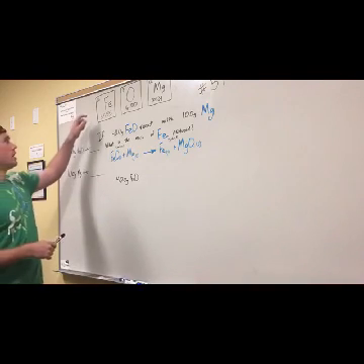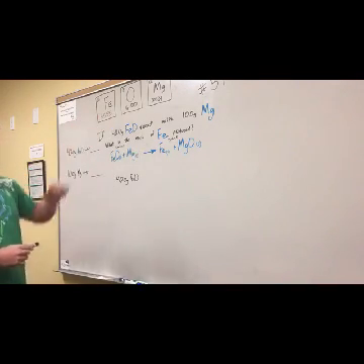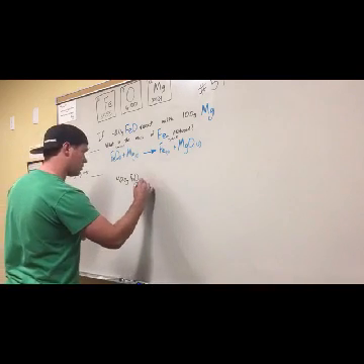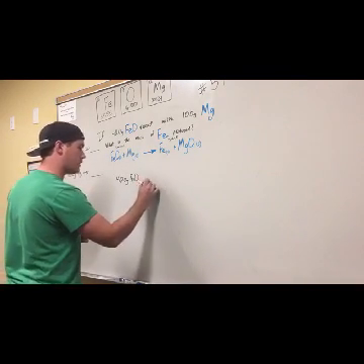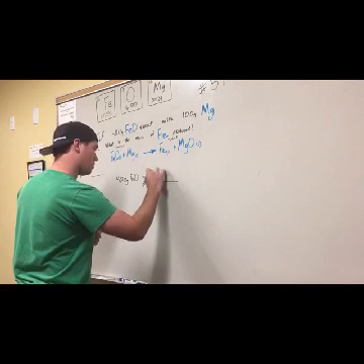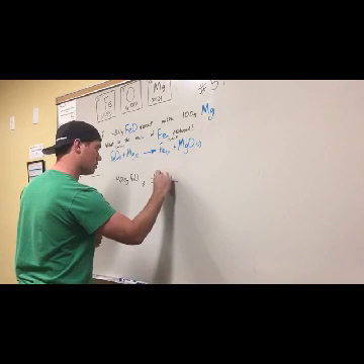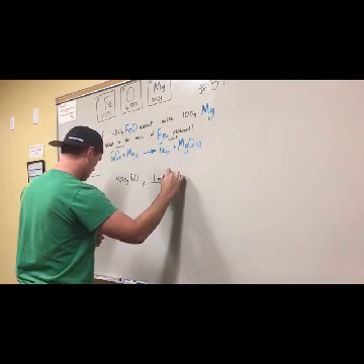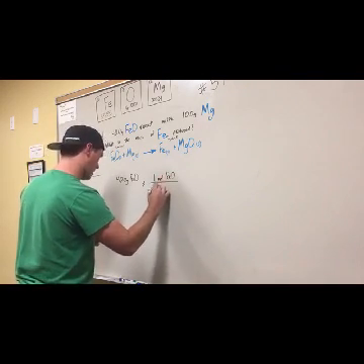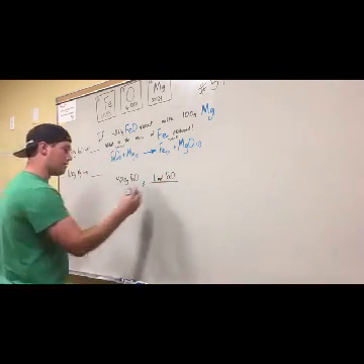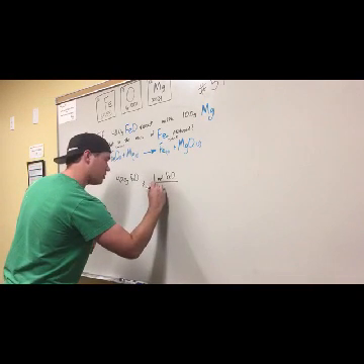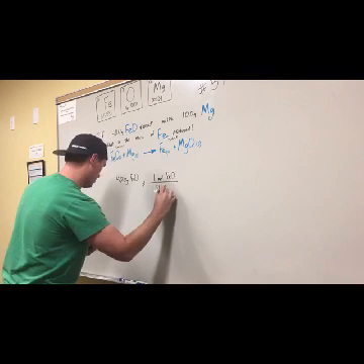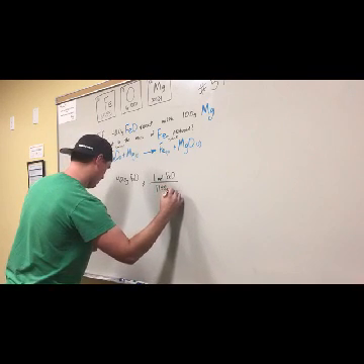So we have to add our 55.85 and our 16 to turn that into moles. So we're going to multiply by 1 mole of FeO, and that is going to be 71.85 grams of FeO.